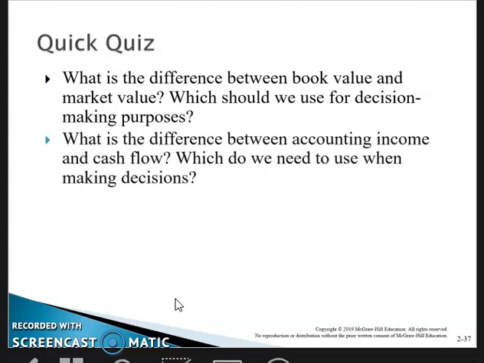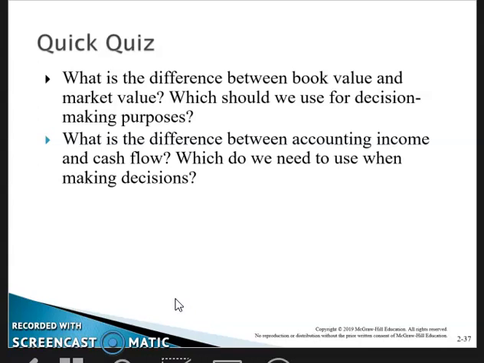Similarly, accounting versus cash flow. We recall the matching principle of accounting requires us to recognize expenditures and receipts when we enter into a transaction, so we end up with accruals. So accounting cash flow is not the same as true cash flow.